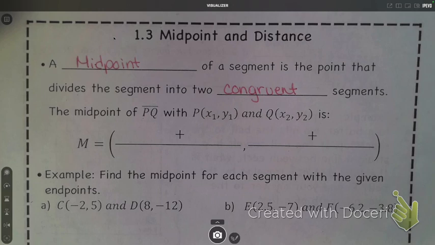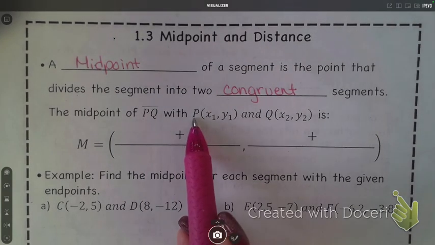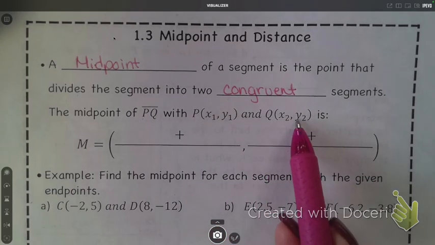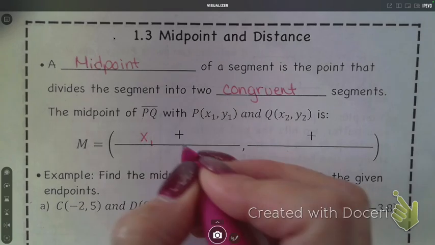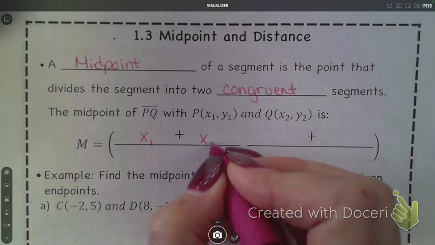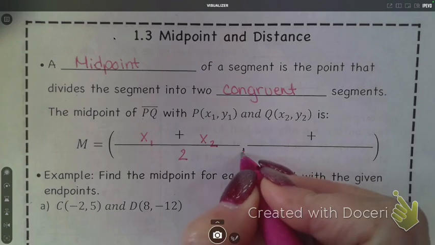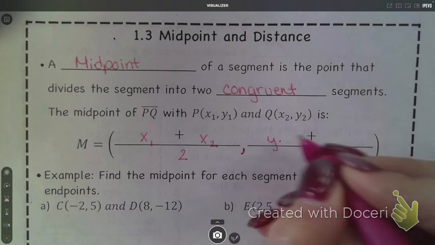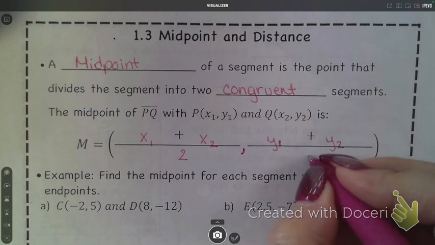So the midpoint of PQ, with point P being some (x, y) and point Q being some (x, y), okay, so those are the endpoints of the segment, is (x sub 1 plus x sub 2 divided by 2, comma, y sub 1 plus y sub 2 over 2).